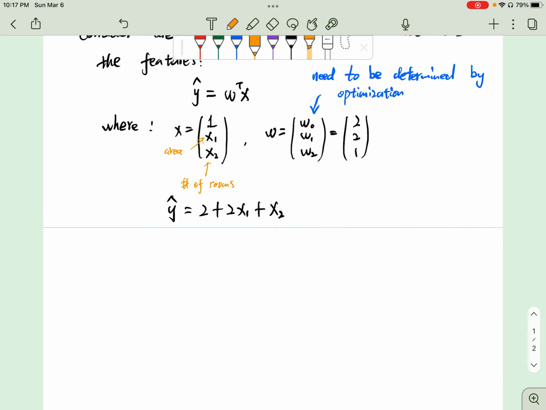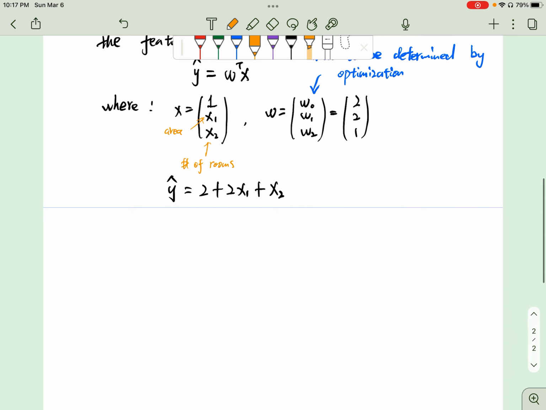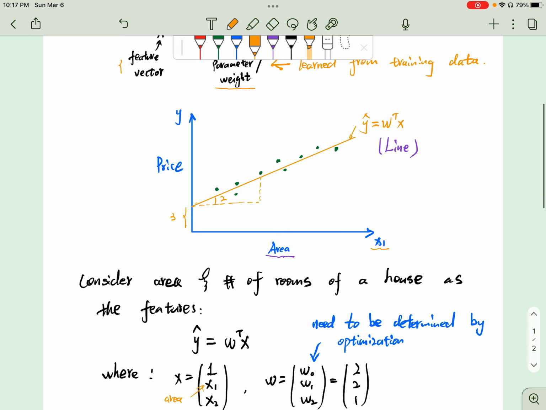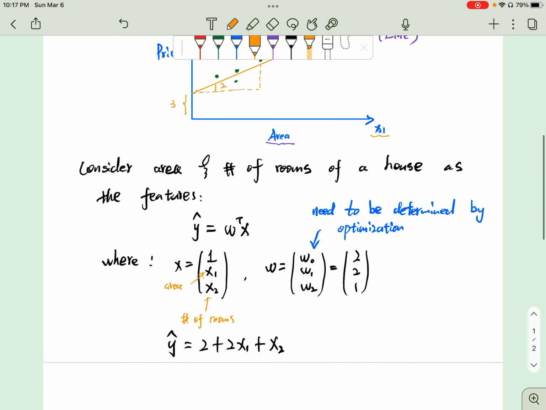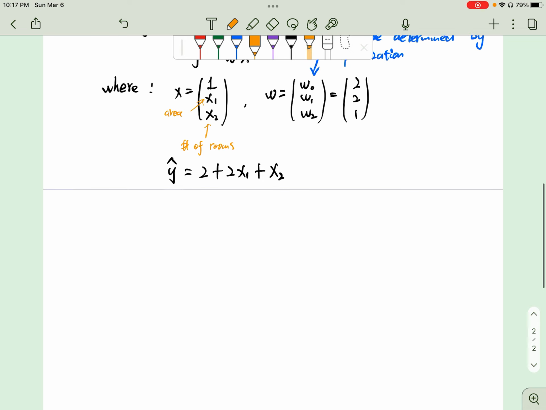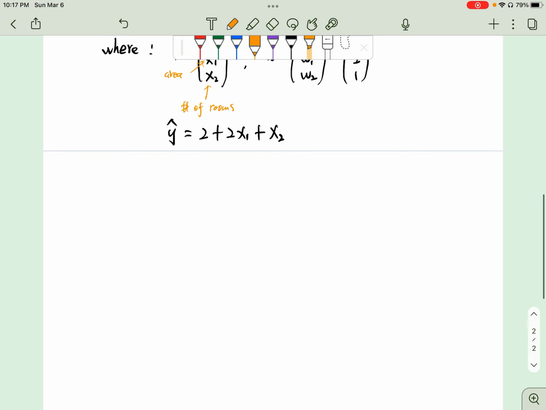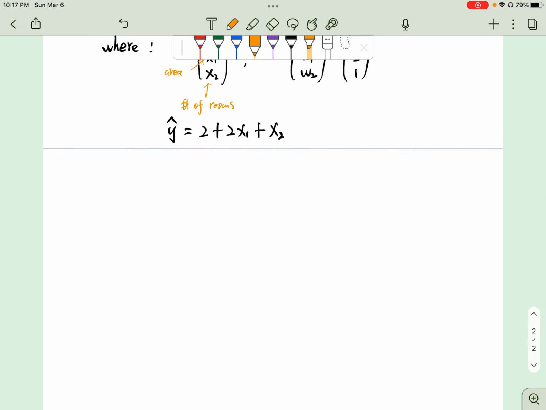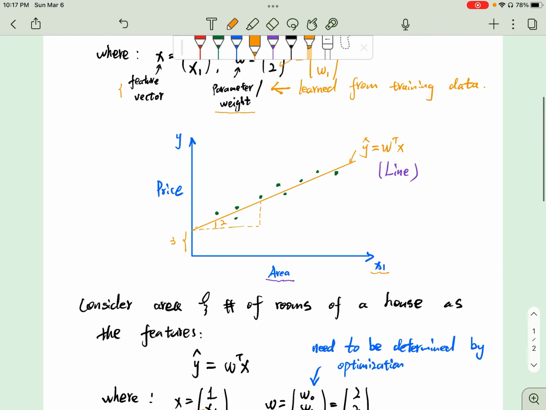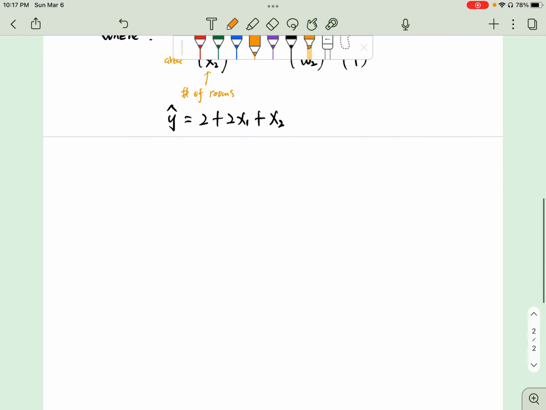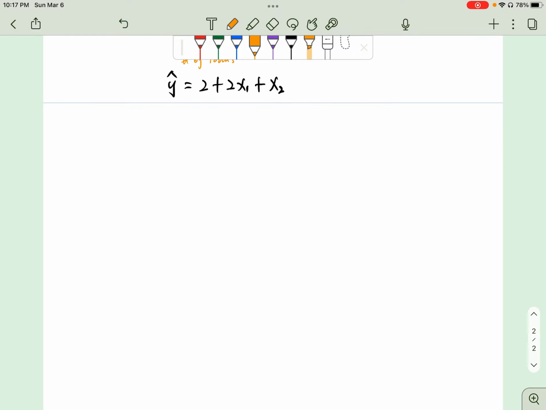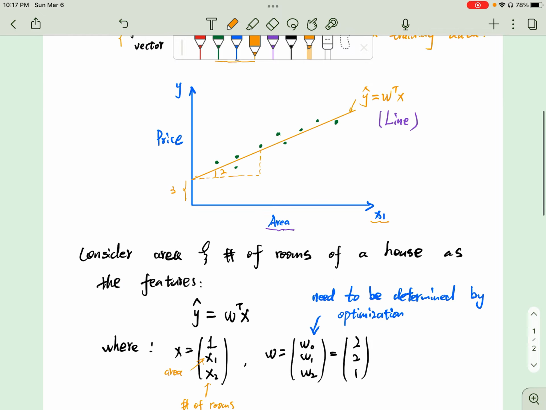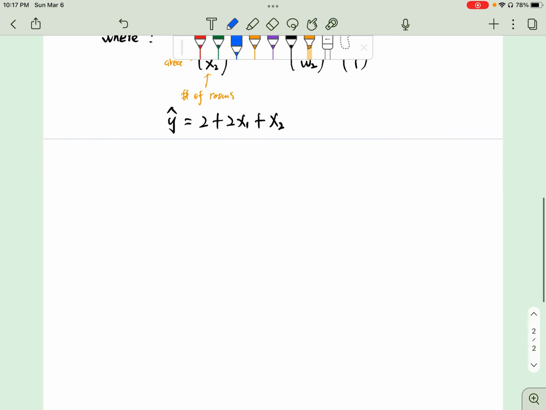So here we will do the similar thing. We will try to visualize this y hat. Because we have two variables, x1 and x2, this would not be on a plane. This would go to a three-dimensional space. Let's try to visualize it.